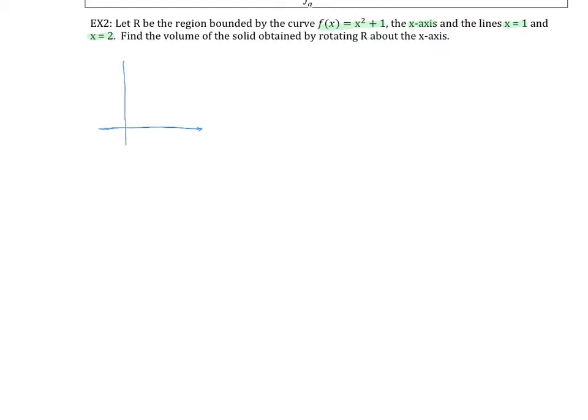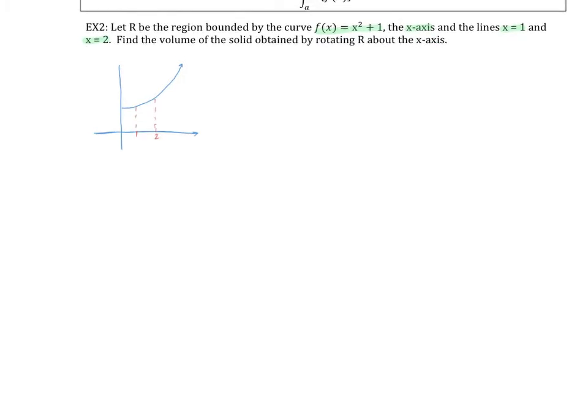So really I'm looking at this parabola opening up, shifted upward. But I'm only concerning myself with the values from x is equal to 1, that line, and x is equal to 2. This is my region.